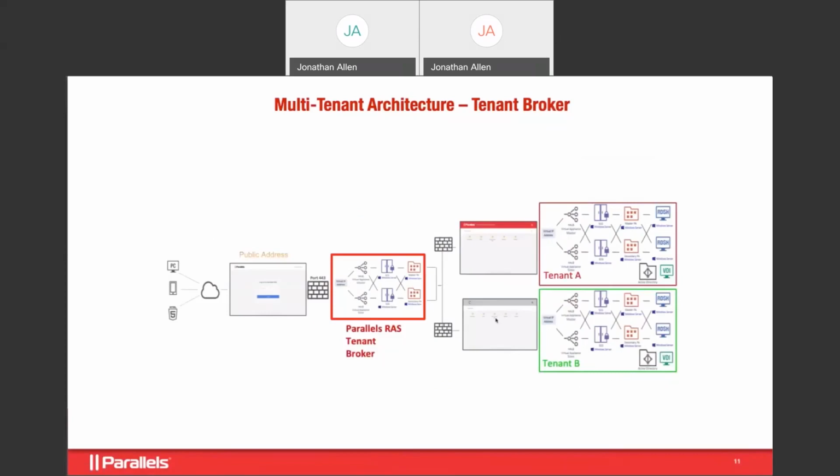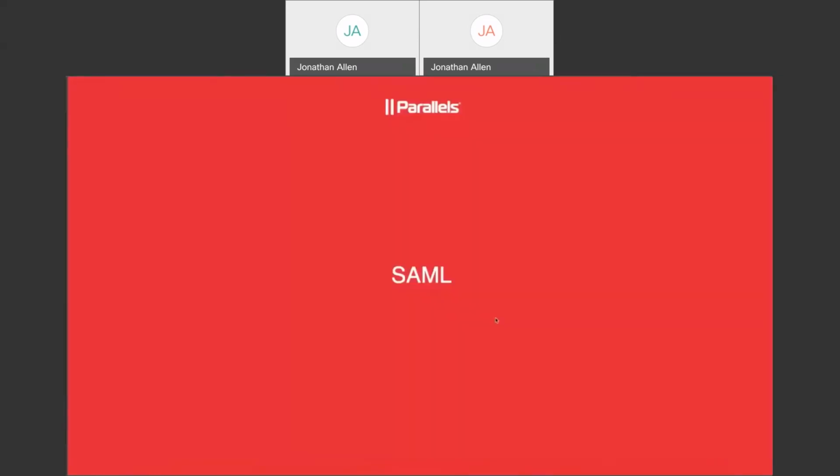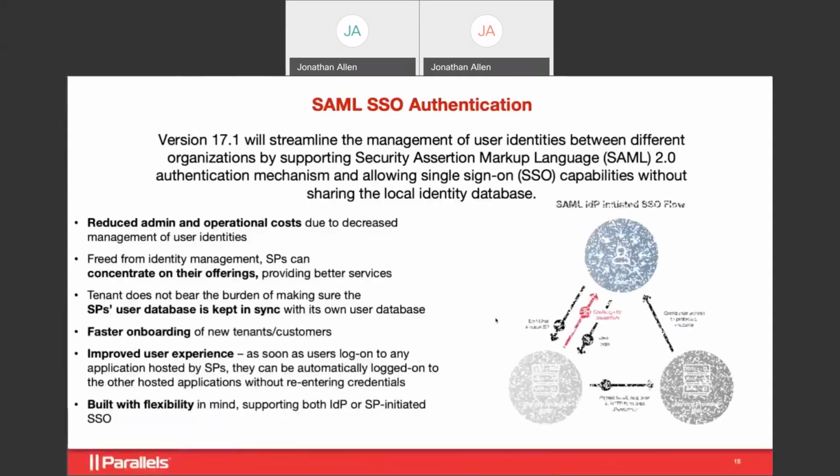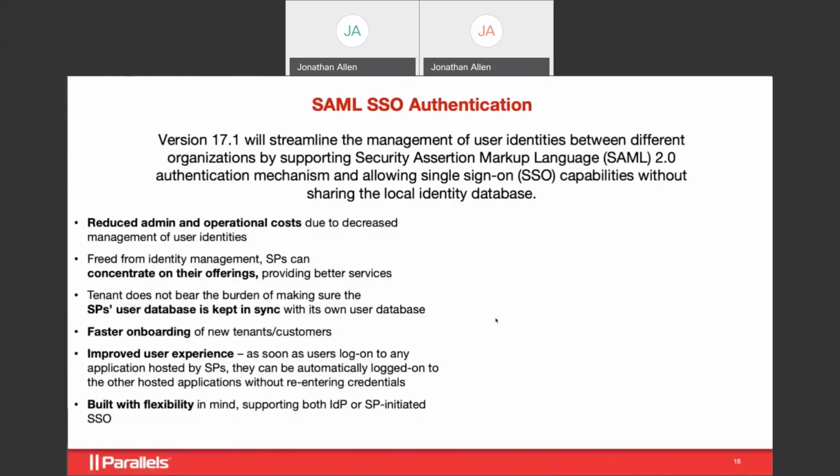The way users log in to RAS depends too. You can have the direct user interface, we can use MFA, and we have support for SAML 2.0 to be more specific. And the way we use SAML, it's very easy to implement and use.